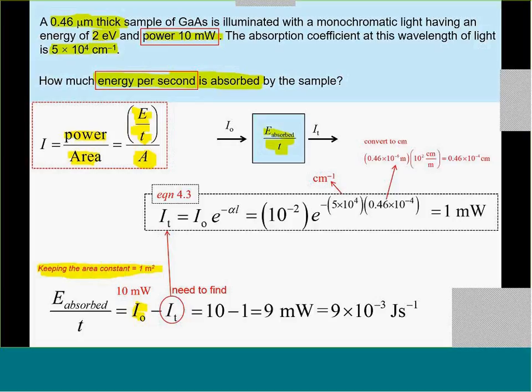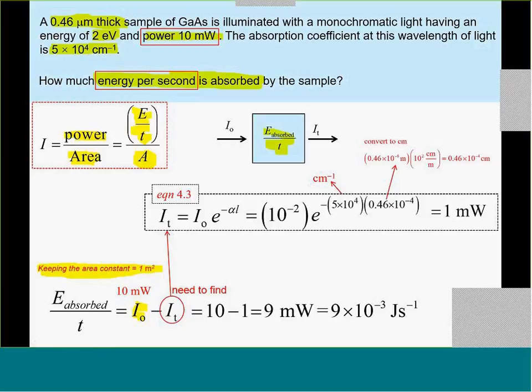Isn't it great? By knowing the thickness, by knowing how much energy the monochromatic light has, and also how much power. Let's say we use the 10 milliwatt laser, and we know the energy it has is 2 eV, and the absorption coefficient of this gallium arsenide for this light at this wavelength is 5 times 10 to the power of 4, and we know the thickness.